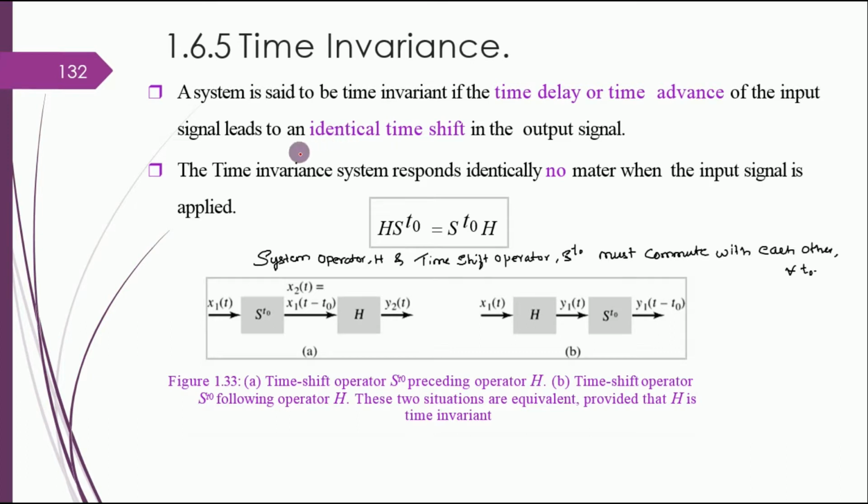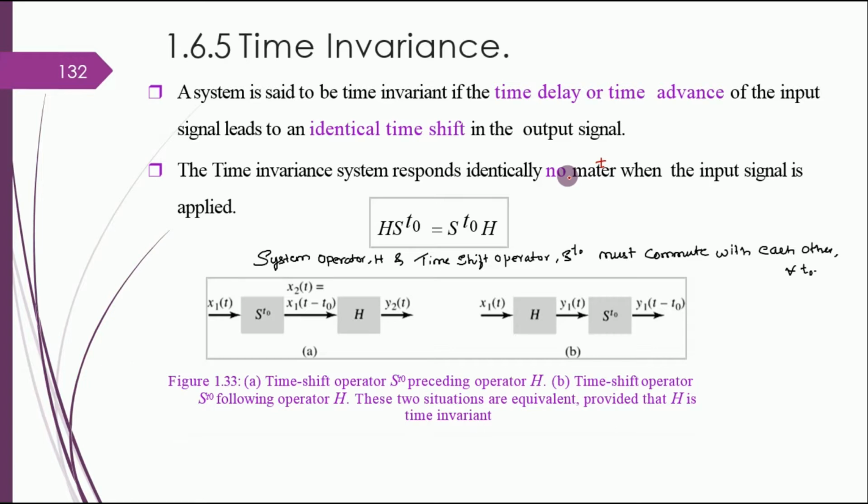Or to put it in another way, a time invariant system responds identically no matter when the input signal is applied. For example, let me take a non-technical example. Today, if you switch on the computer or your TV, in the fashion in which it switches on, in the same way, tomorrow also if you switch on the TV, it should respond in the same way.